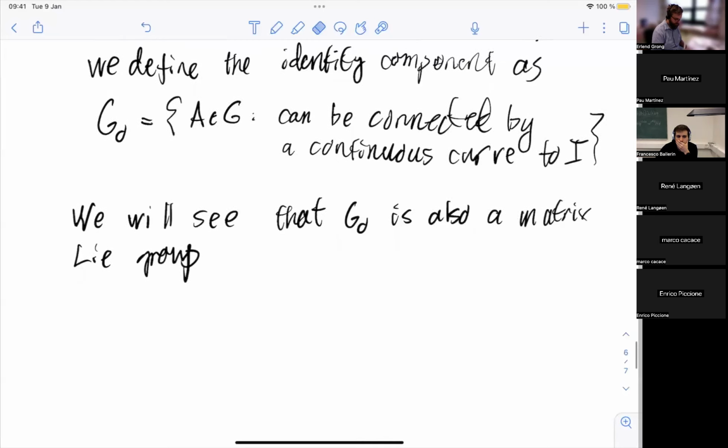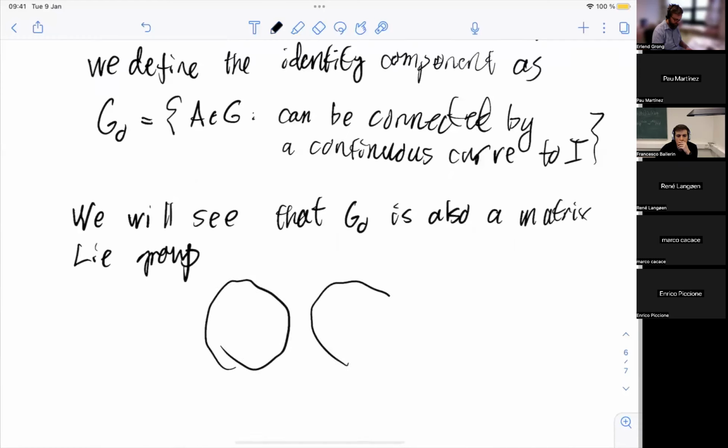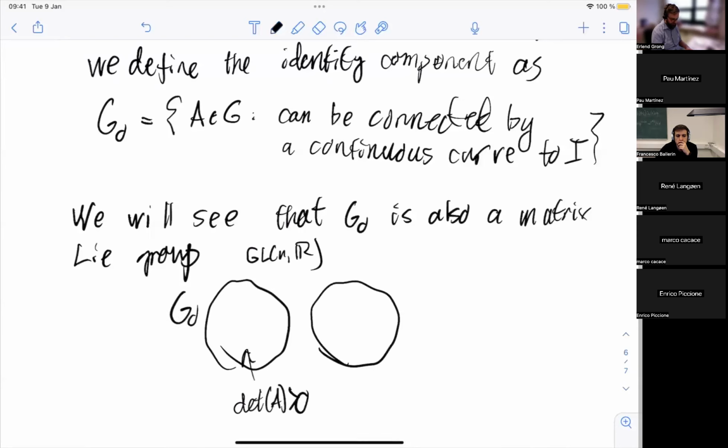So the picture you should sort of have is that for GL n R, you have these spaces of positive determinant, which is the G0, which live in their own world.